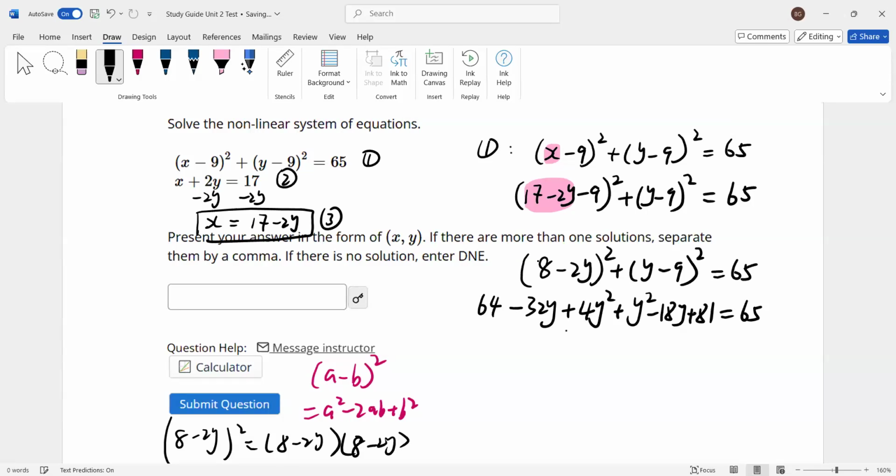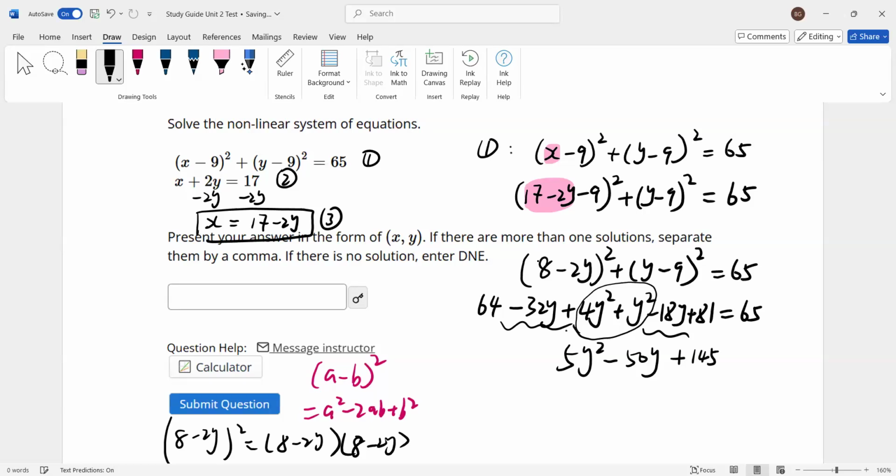Okay, so simplify by combining like terms. 4y squared and y squared gives us 5y squared. Negative 32y and negative 18y, you lose both, right? So it's going to be negative 50y. Those two terms I have to combine. 64 and 81, that gives us 145.